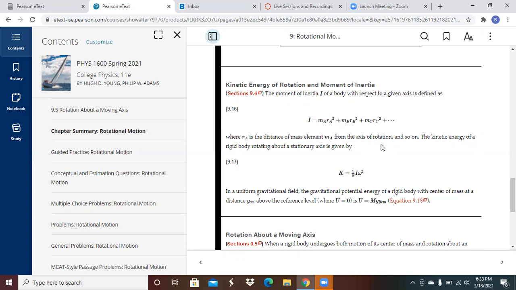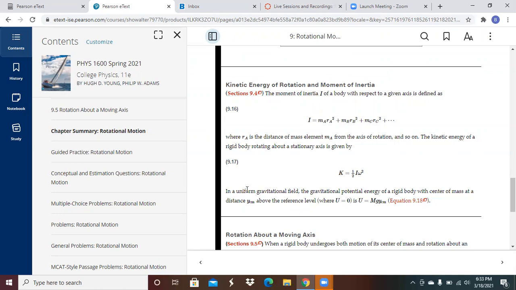Now, if you want to find the kinetic energy of a rigid body rotating around a stationary axis, you're going to use this particular formula. Once you figure out what this is, and if you know how fast it's rotating angularly, then you can determine the kinetic energy for the rigid rotating body.